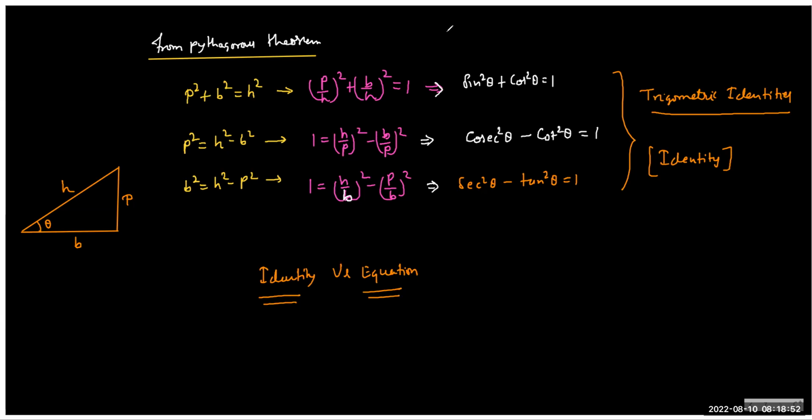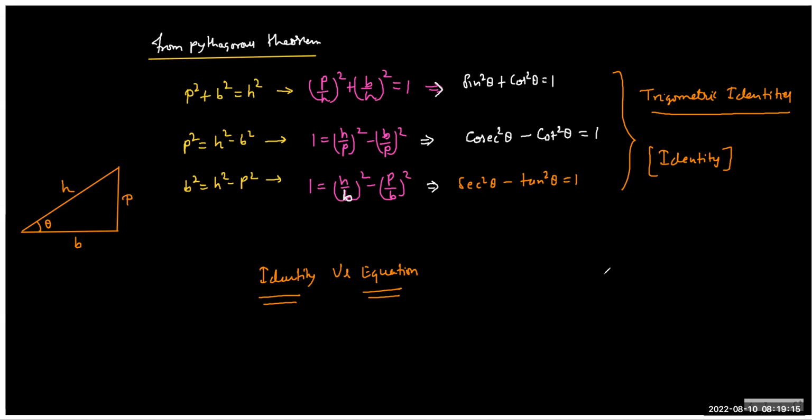Anyone? So may I? Yes, please. Identity holds true for every possible value, while equation may not necessarily give all possible values. Correct. So that's correct. I mean, identity is true for any value of variable, whereas the equation is true only for either some value or no value.